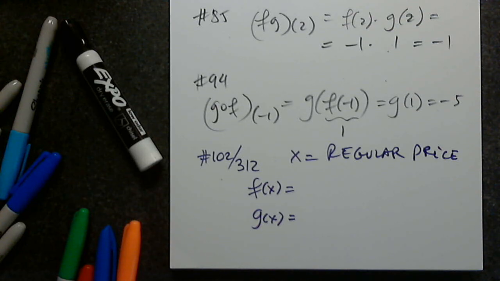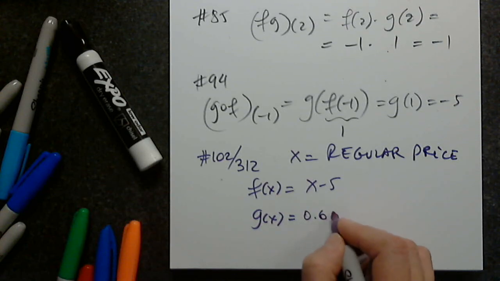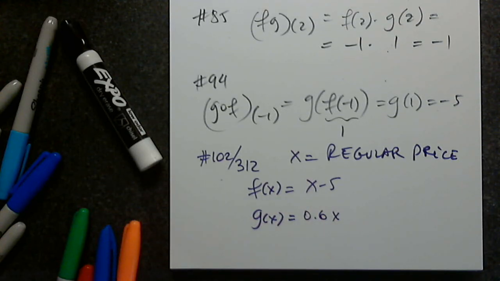F of x is x minus 5, and g of x is 0.6x. Like we had a few minutes ago, we were given two functions, and we did our thing with them. Okay, so let's see the first question. Describe what functions f and g model in terms of the price of the jeans.